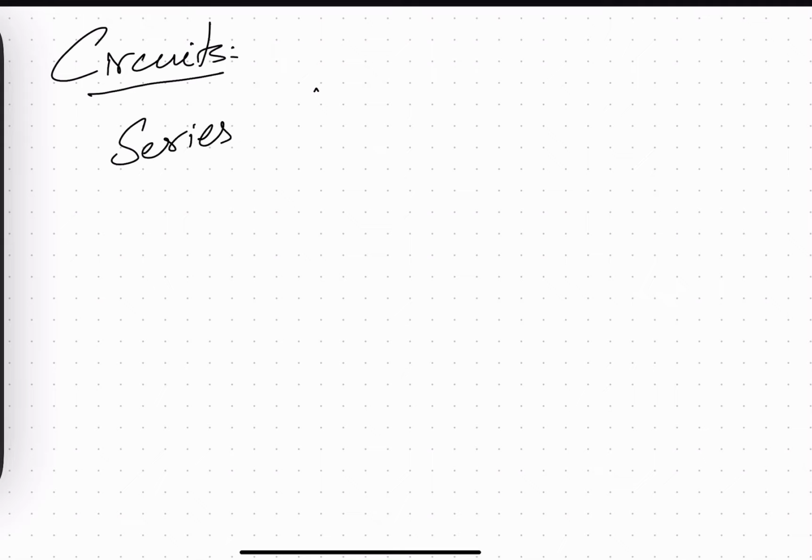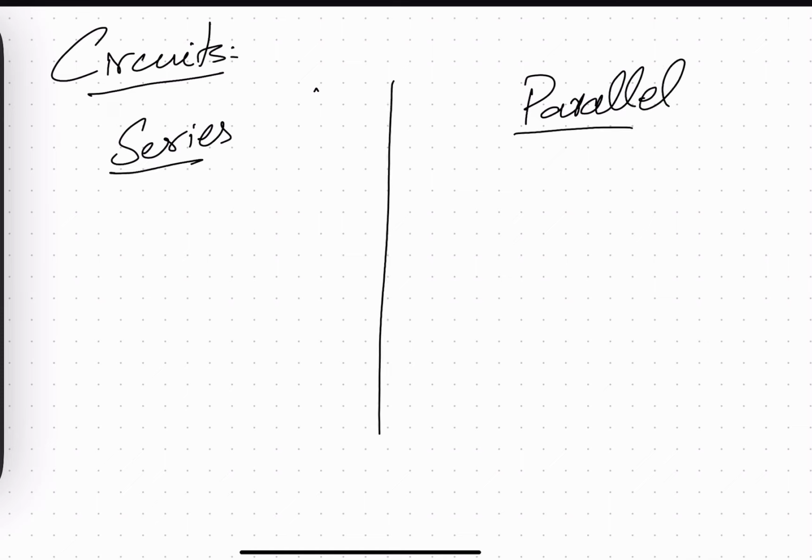Moving toward the next part of this chapter, that is circuits. Circuits can be in series or they can be in parallel. How can we identify series and parallel circuits?